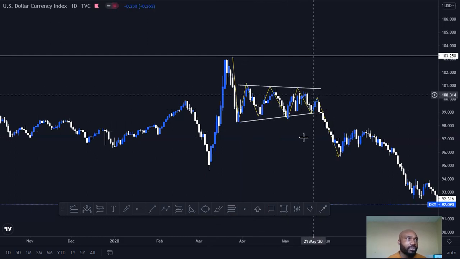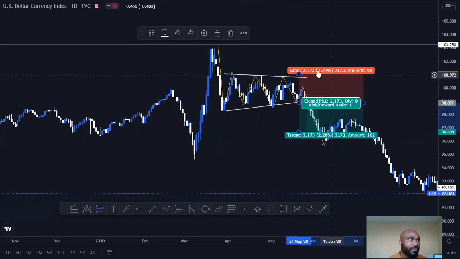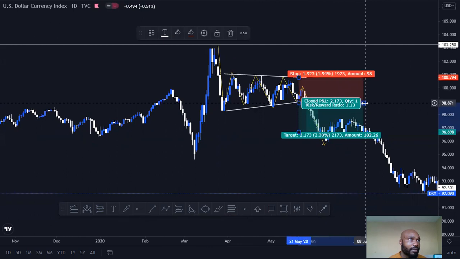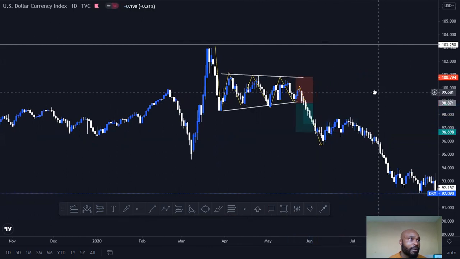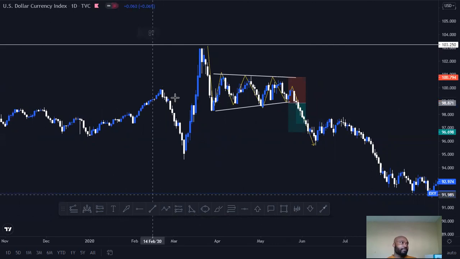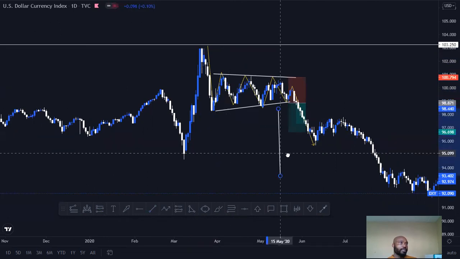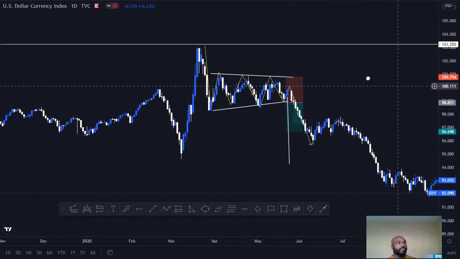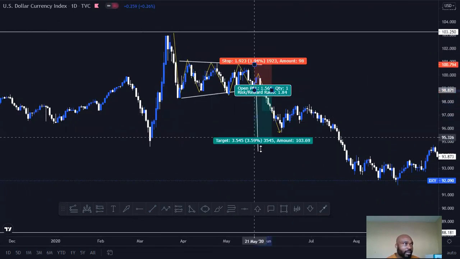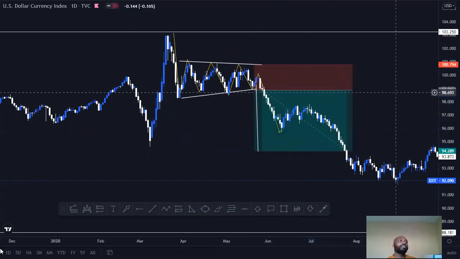For a conservative trader, you'll be looking for an entry at the break of the structure, with the stop loss above the structure. And what is your take profit target? Like we said, the flagpole. The flagpole is your take profit target. Did we hit that take profit? We did. It's that simple, guys.